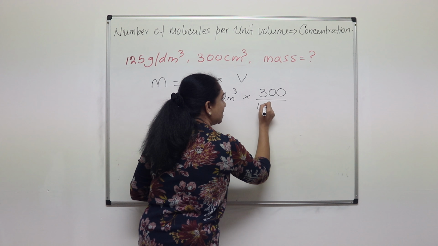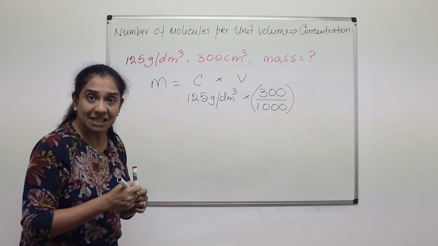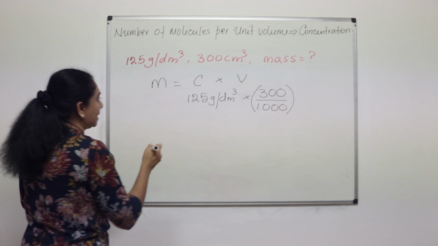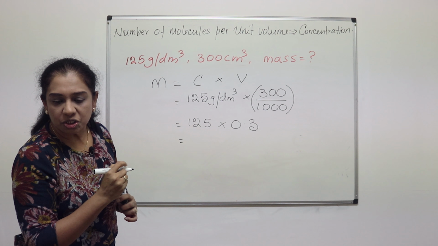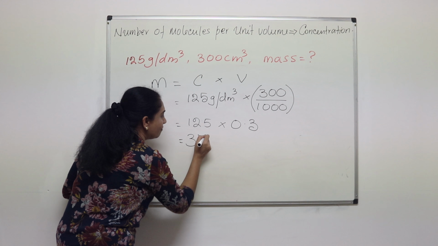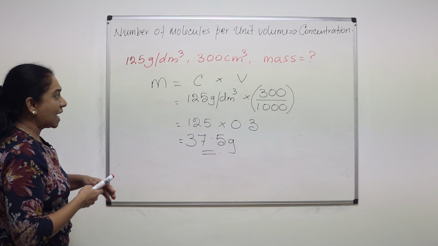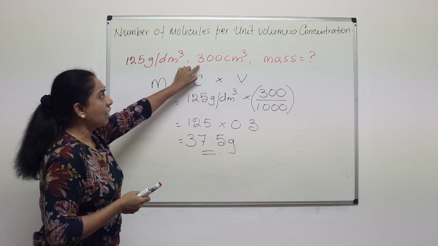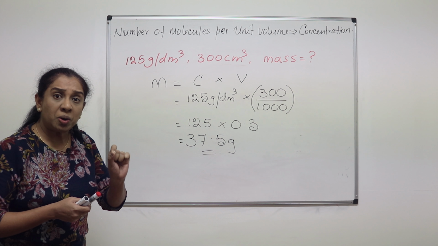So I'm going to divide it by 1000 because I'm going to convert it into cubic decimeters. So when I do this, you are going to get 125 times 0.3, which is equal to 37.5 grams.